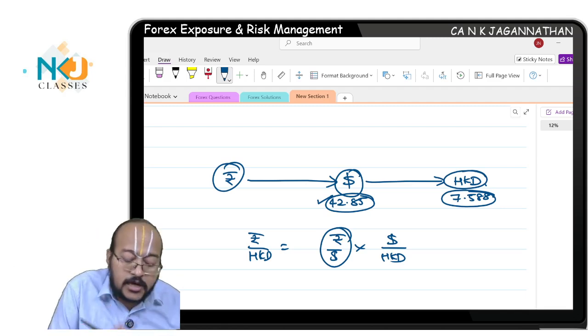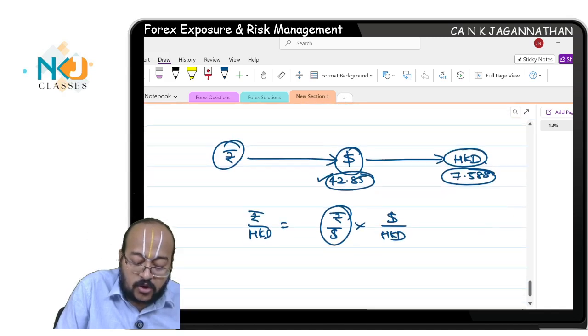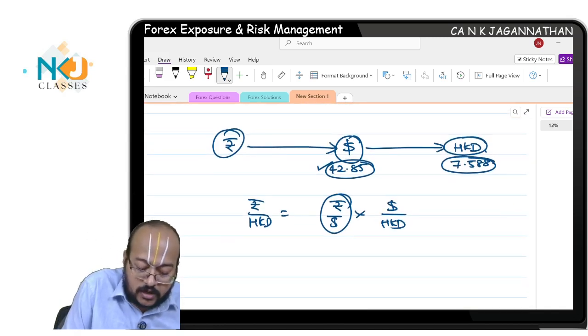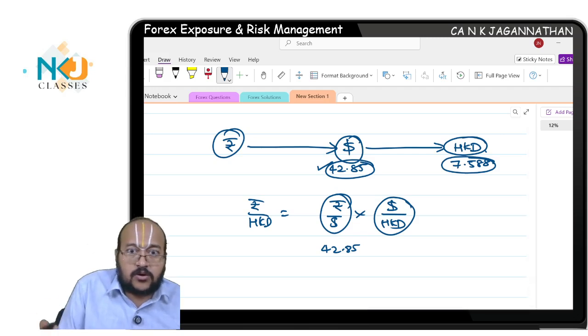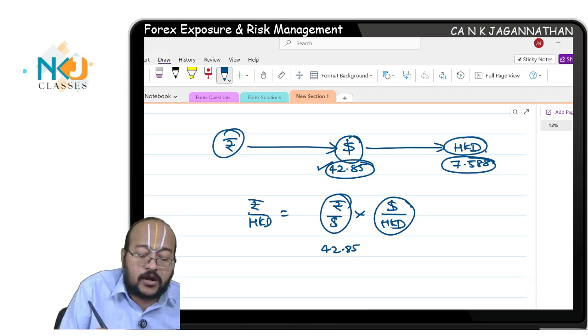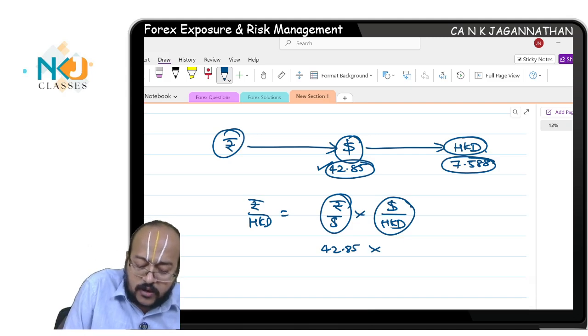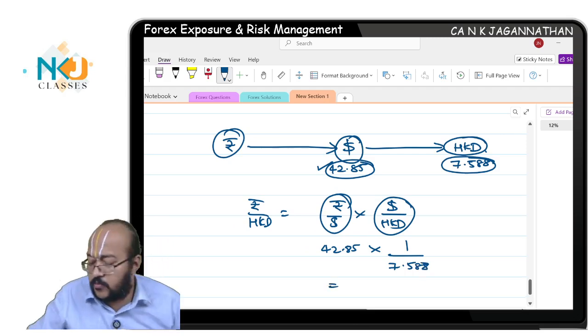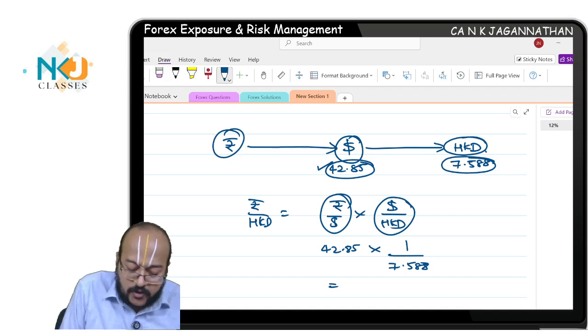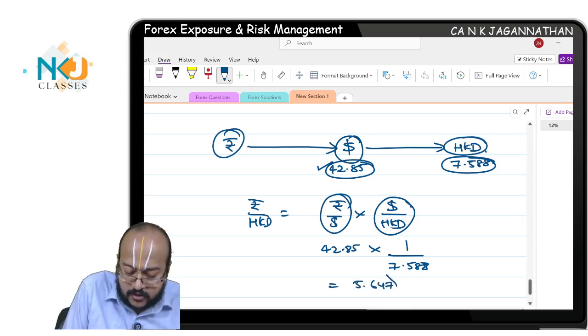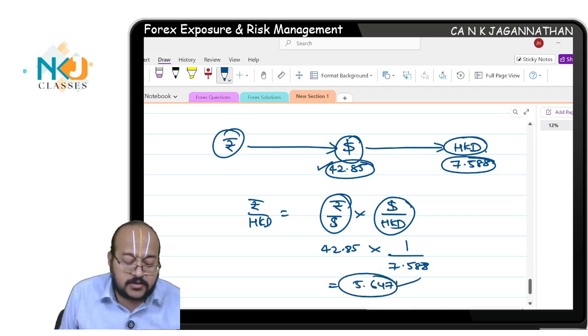Are you listening? So rupee per dollar into dollar by Hong Kong dollar. Rupee per dollar, how much? 42.85. Hong Kong dollar by dollar is given in the question, which means into 1 by 7.588. How much is that? 42.85 divided by 7.588, 5.647 is the cross rate.